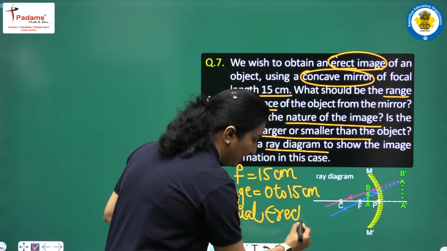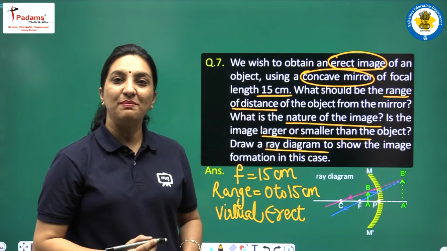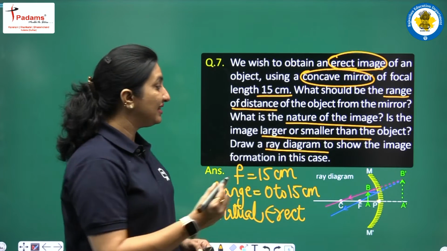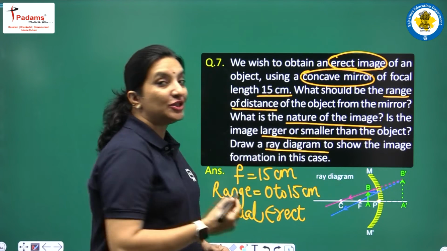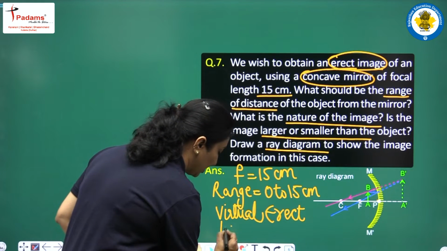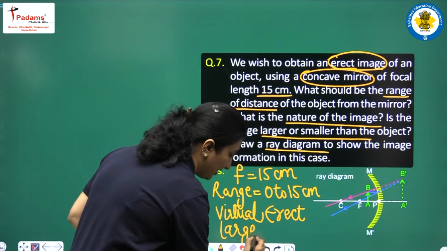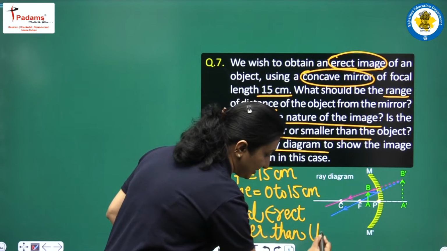So the image will be erect. And here in this case we know that the image is enlarged. That is, is the image larger or smaller than the object? So the image is larger than the object. So the answer to this part will be larger than the object.